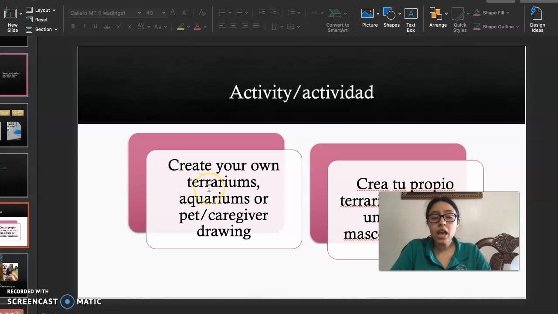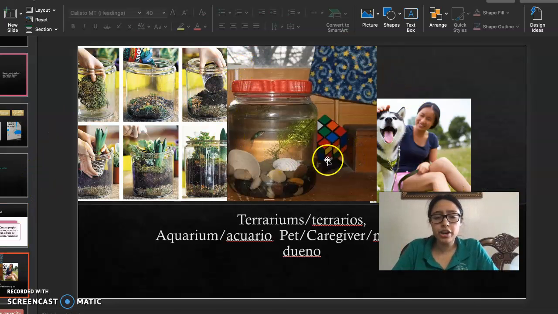And in a terrarium, you can have another animal that depends on another animal, like a lizard, and maybe eating plants or other types of animals. And this is an example here, the ones that you can create at home.